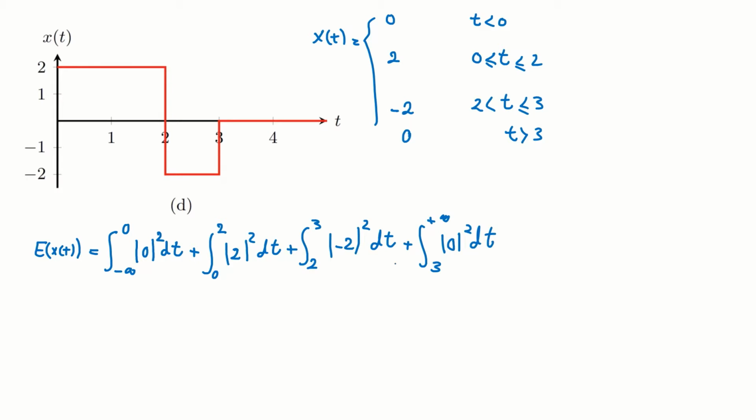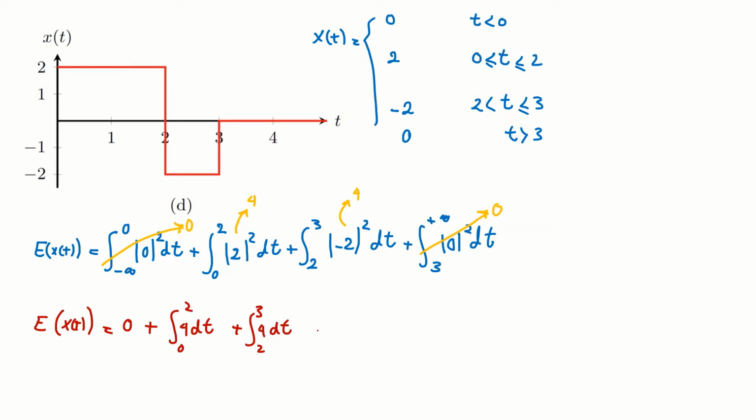Obviously the value here is 0, and the same here. Here we have 4 and the same 4 here, so I can write the energy of x(t) this way: 0 plus integration of 4 dt from 0 to 2, plus integration of 4 dt from 2 to 3, plus 0.